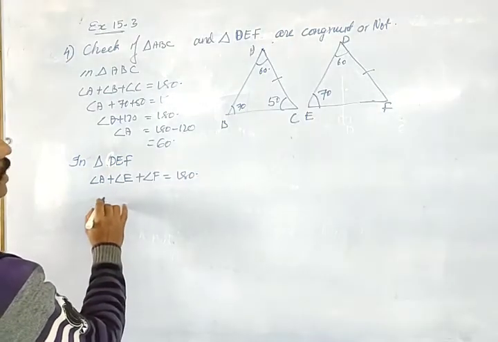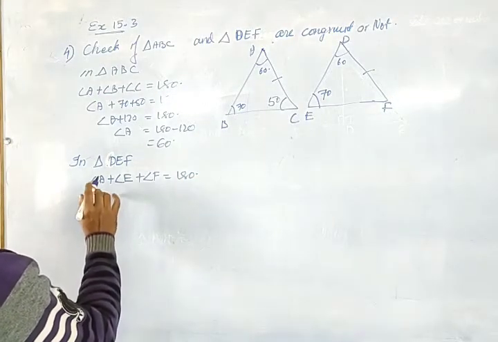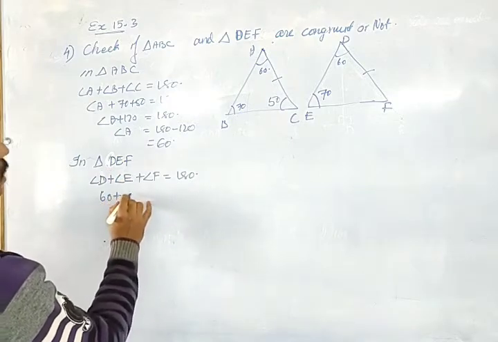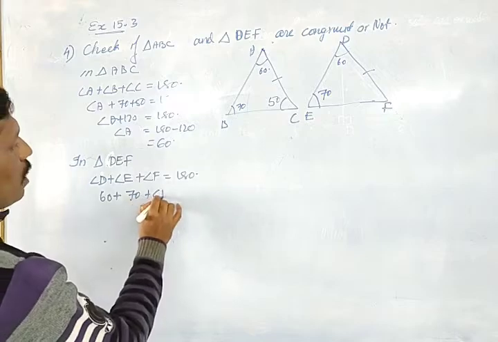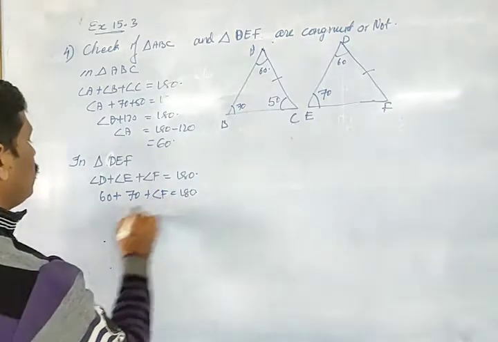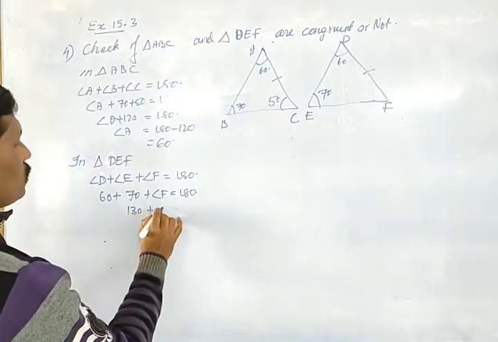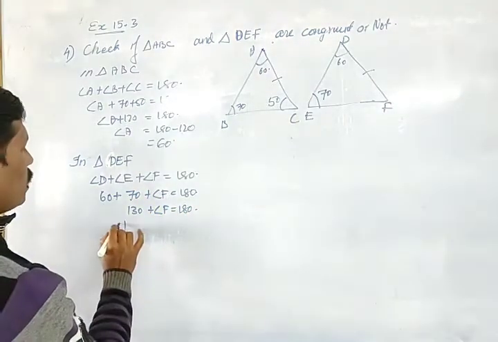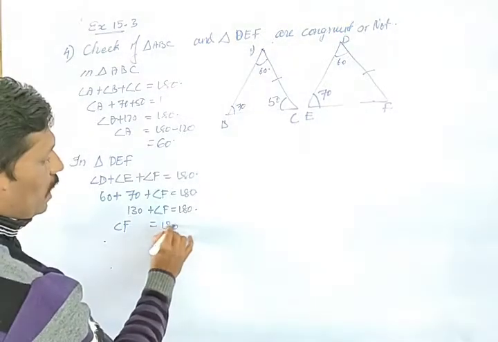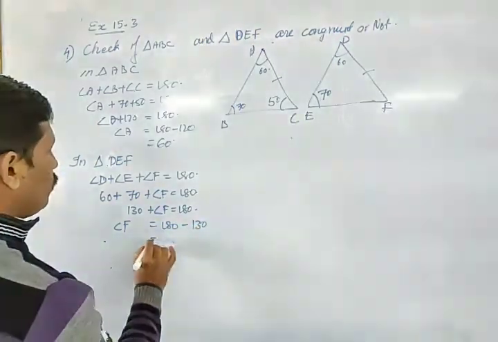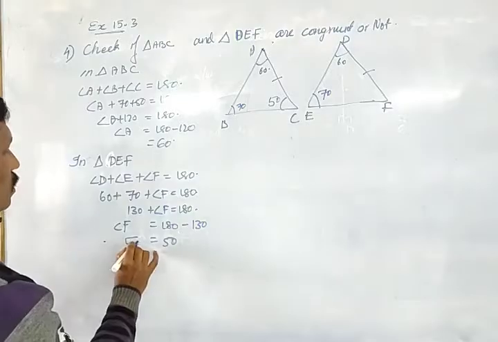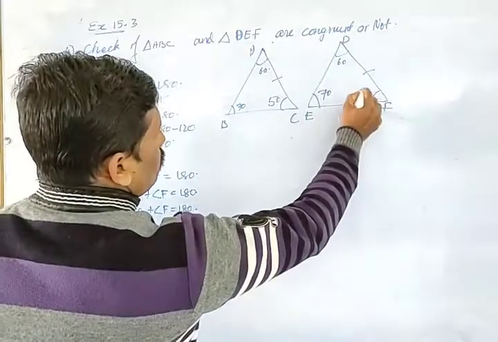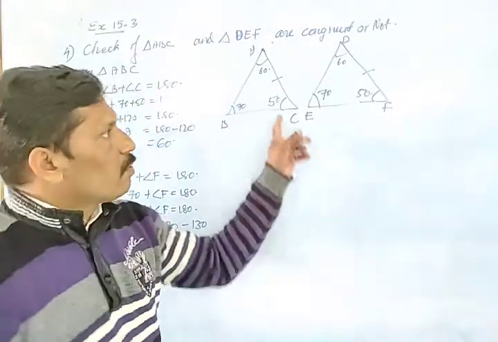Angle D is given 60 degrees. 60 plus angle 70 plus angle F is equal to 180 degrees. 130 plus angle F is equal to 180 degrees. That means angle F is equal to 180 minus 130, which is equal to 50 degrees. Angle F is equal to 50 degrees. That means this is 50 degrees. So now we have found out the missing values.